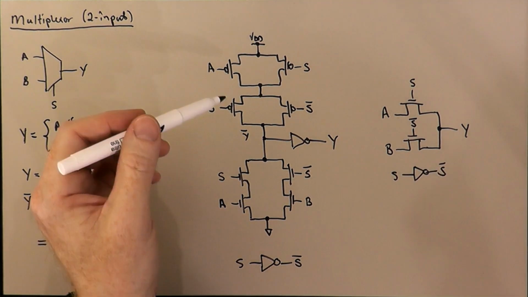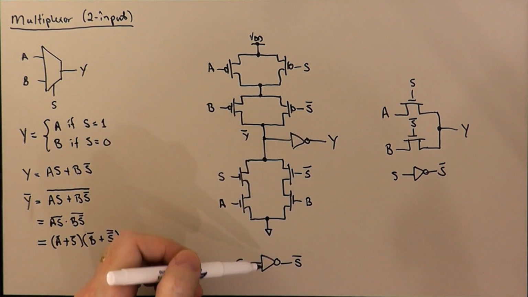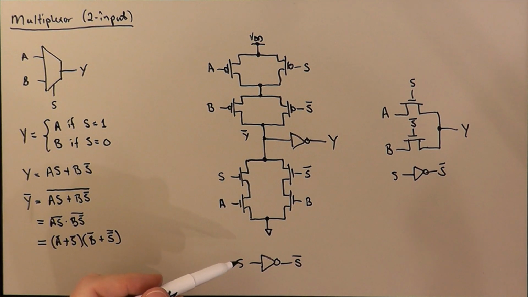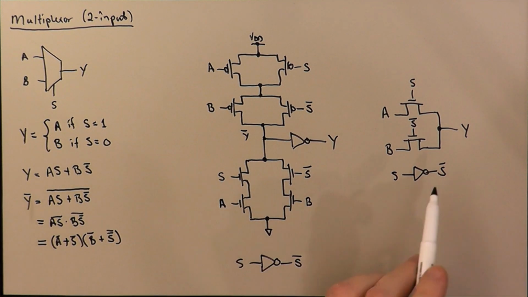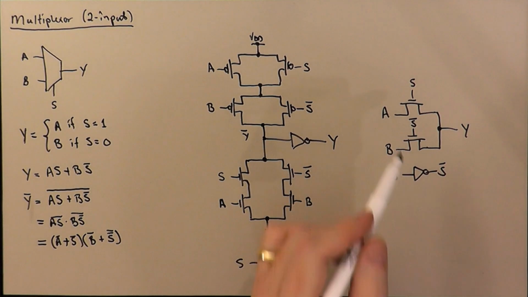So here I have 8 plus 2 plus 2, so that's 12 transistors in my CMOS implementation, versus a potential candidate implementation that has 4 transistors in it. So can I do this?